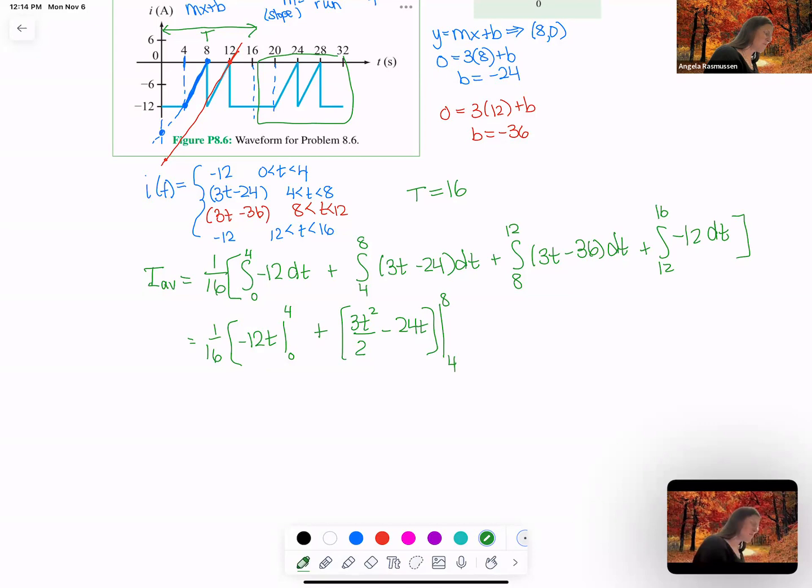The next one is going to be 3t squared over 2 minus 36t, evaluated again from 8 to 12. And then again, minus 12t from 12 to 16.